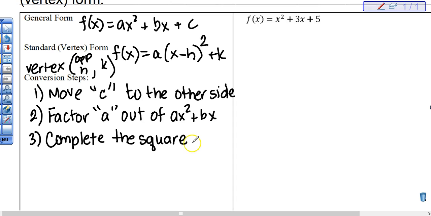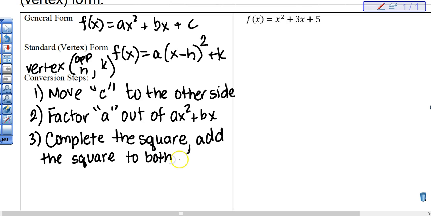Remember, when we complete the square, we add the square to both sides. However, there is a caveat to this. I'm going to write this. Be careful. If you're going to make a mistake, it's going to happen right here.